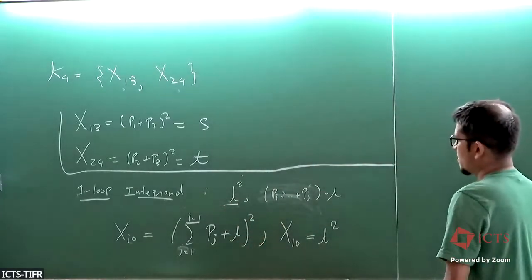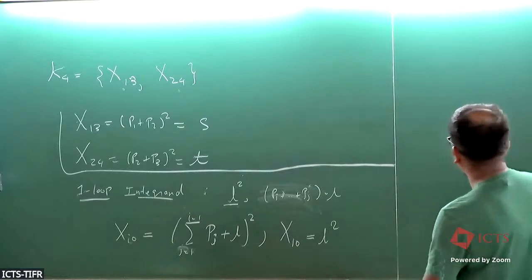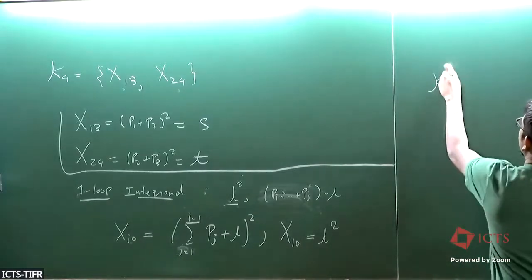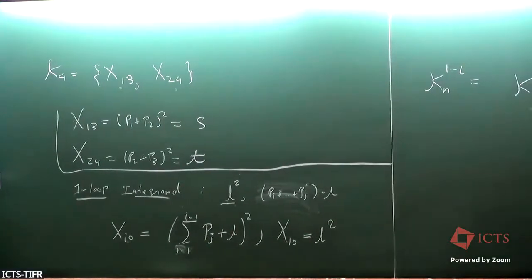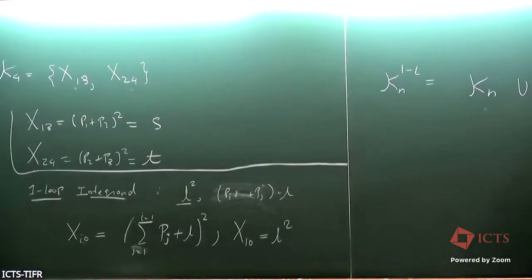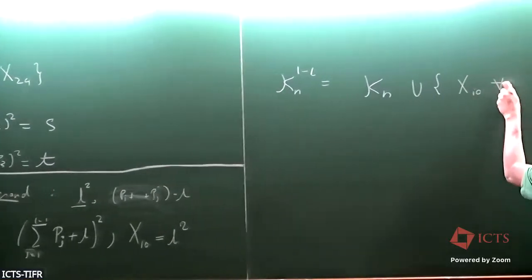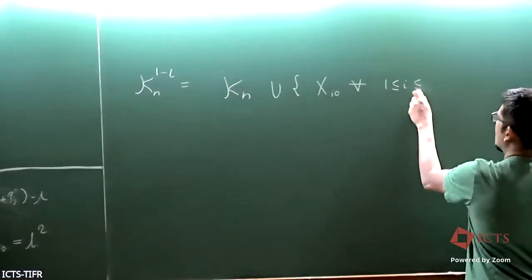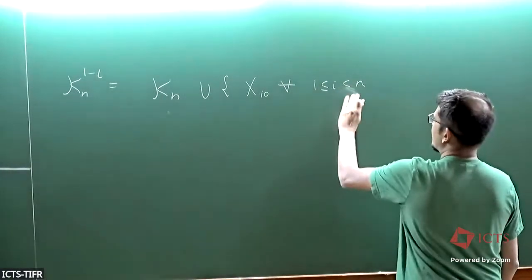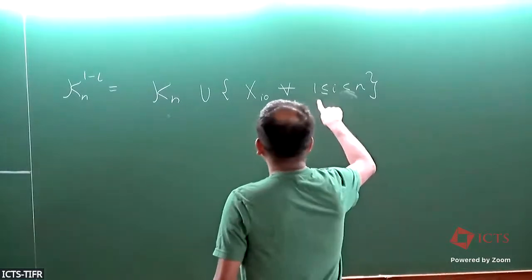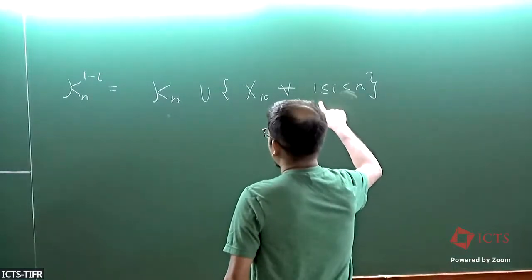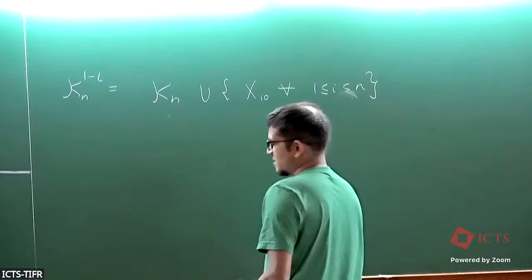And so the kinematic space at one loop is the kinematic space that we wrote down before for tree level, plus it is generated by these variables which we call xi0, for all i less than n.